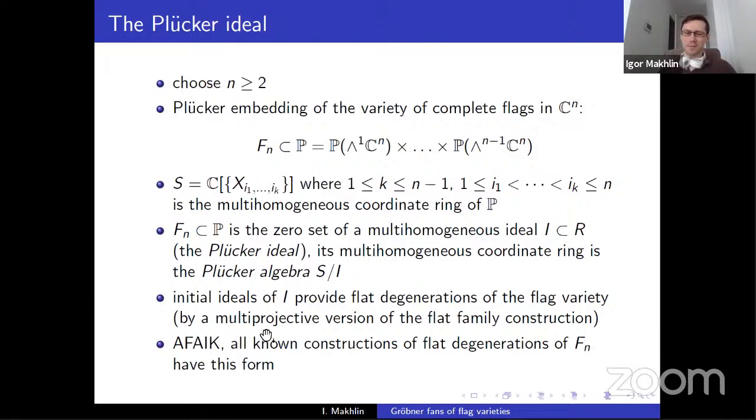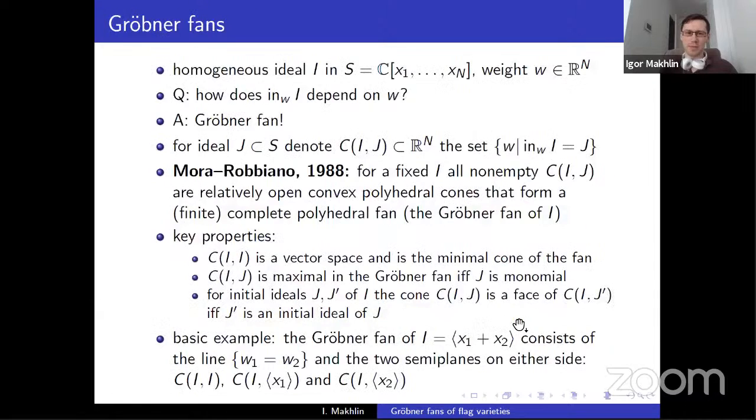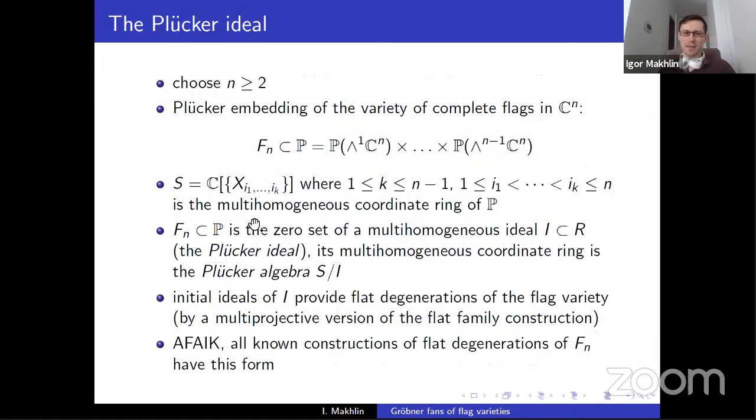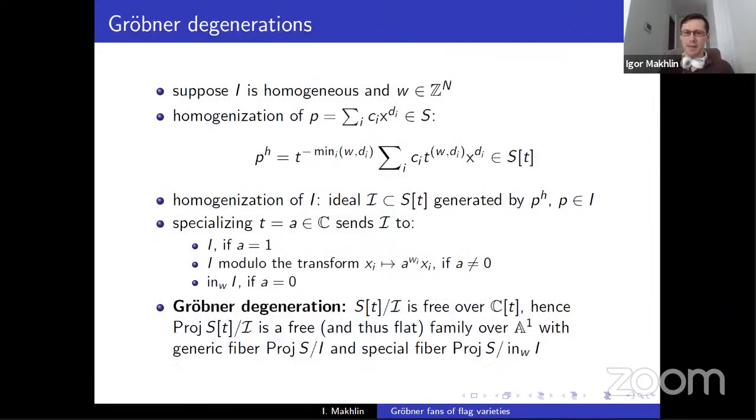So here it says by a multi-projective version of the flat family construction. If you remember, two slides ago I said Proj. Of course, this won't fly in this context. You need to use this Multiproj because this is not a projective embedding, it is a multi-projective embedding. But on the algebraic level, it's all the same. The quotient is a flat family.